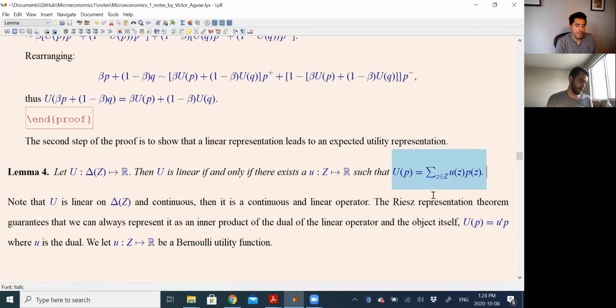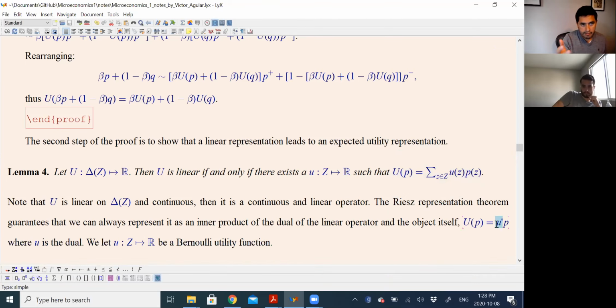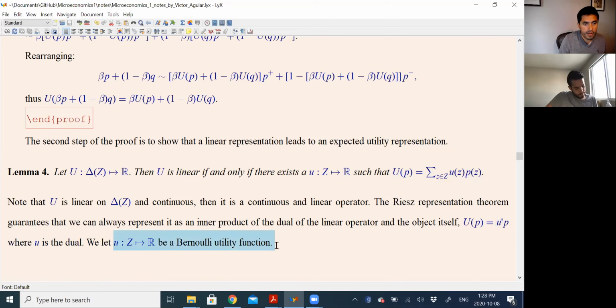So expected utility is nothing else than just an inner product. And then the Riesz representation theorem tells me that there exists such a vector U that makes this numerically equivalent. So this Riesz theorem basically implies the existence of the Bernoulli utility function. Okay? Do you understand?